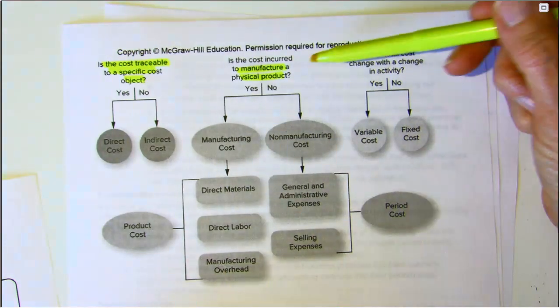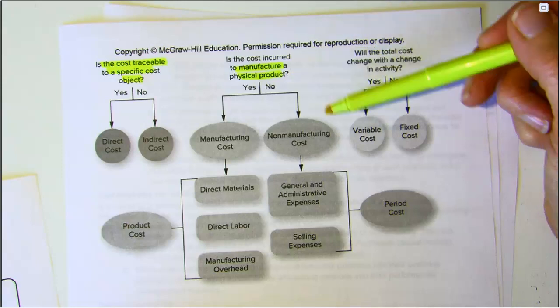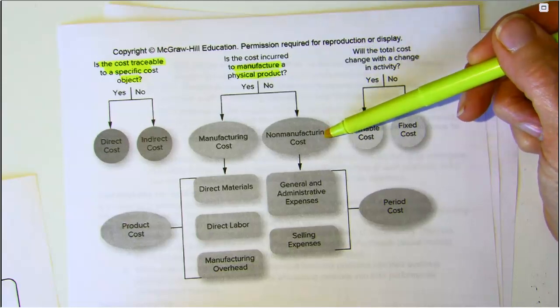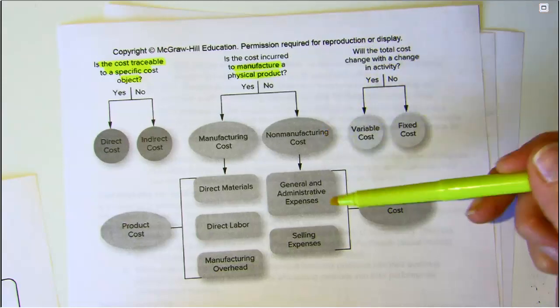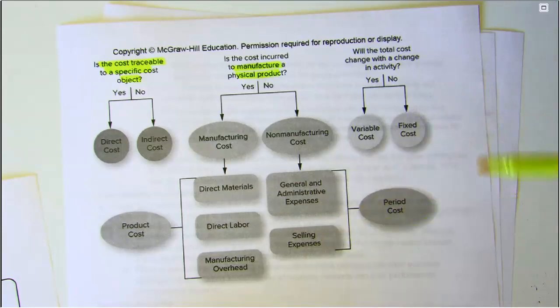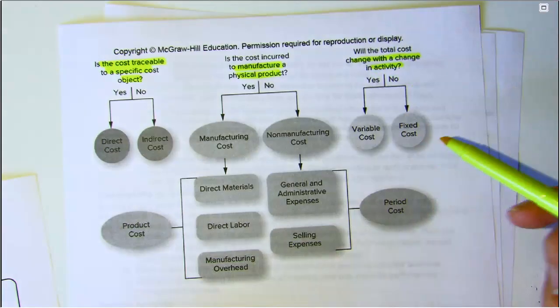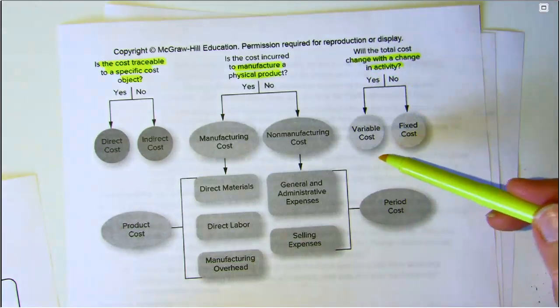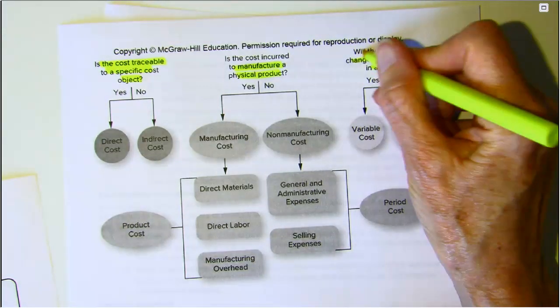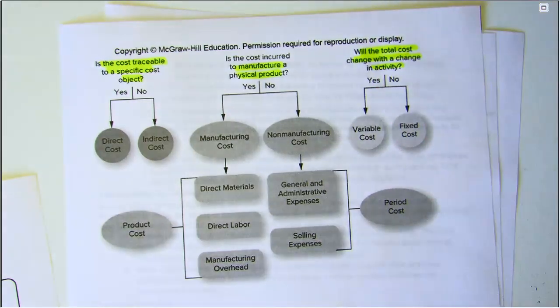If it's not required to manufacture a product, it's a non-manufacturing cost, and it's either general administrative or selling. And then finally, will the cost change with a change in activity? If it does, it's variable. If it doesn't, it's fixed. And remember, will total cost change.